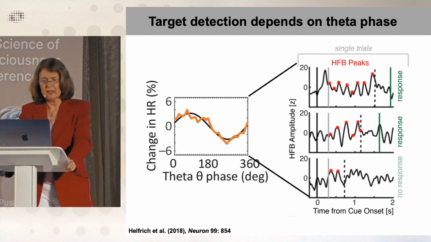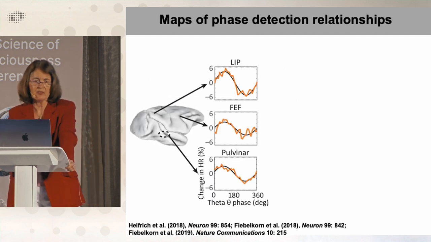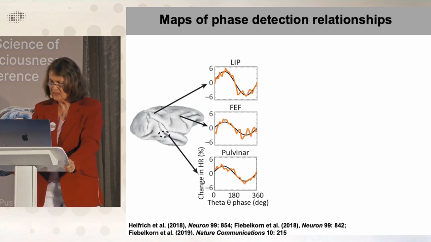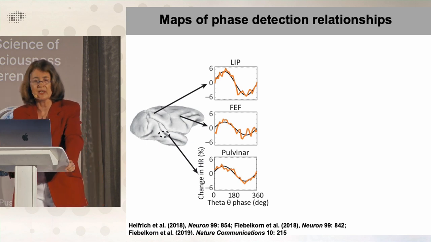What you can find then is that, I should go back here to the monkey brain, we recorded in parietal cortex and frontal cortex and in the thalamus from the monkey brain, and we see these kinds of relationships between behavior and theta phase. We call them phase detection relationships. And we see them, of course, also in the human brain.